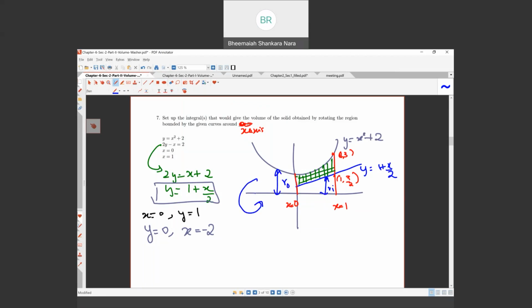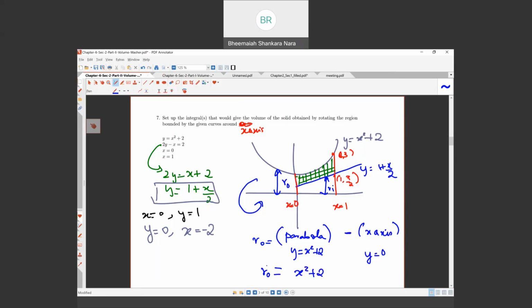Now that we have all the points, let's calculate R sub 0. The highest curve is the parabola, which is y equal to x squared plus 2, minus the x-axis, which is the line y equal to 0. When you subtract these two curves, all we have is x squared plus 2, r sub 0.